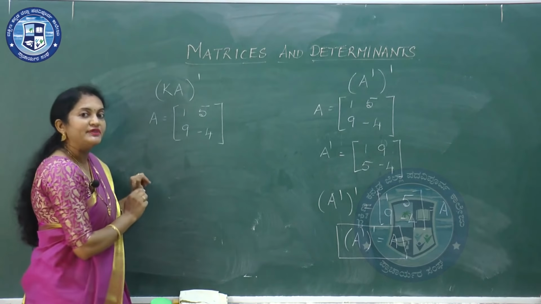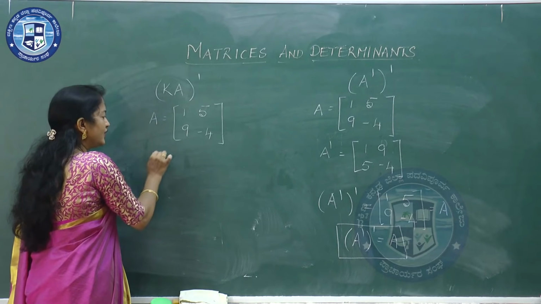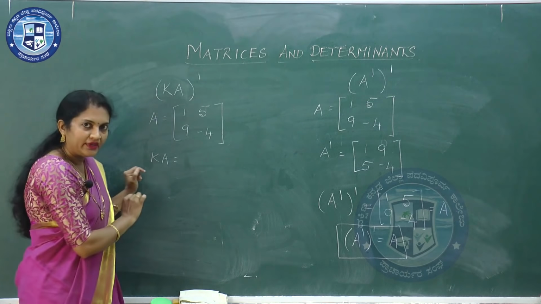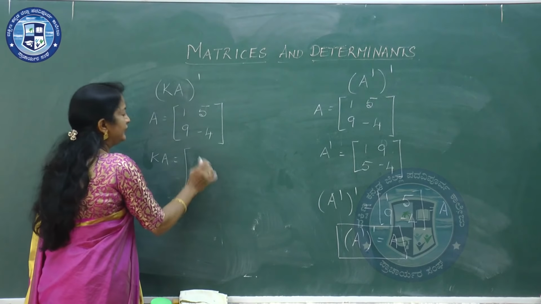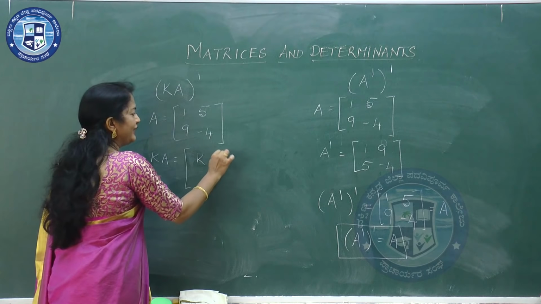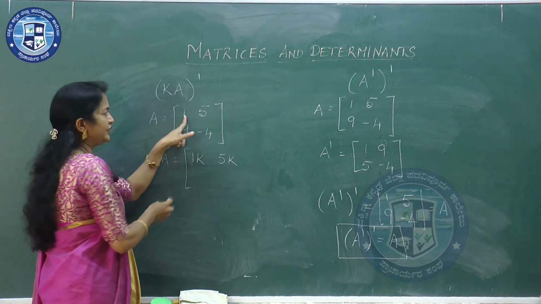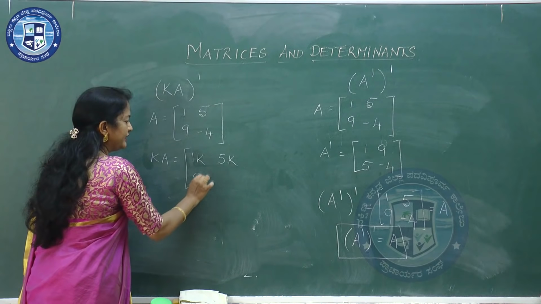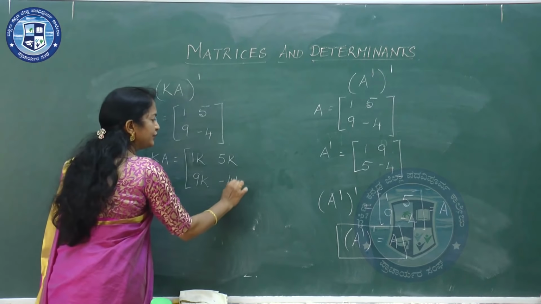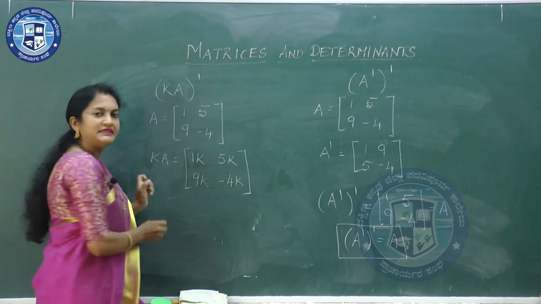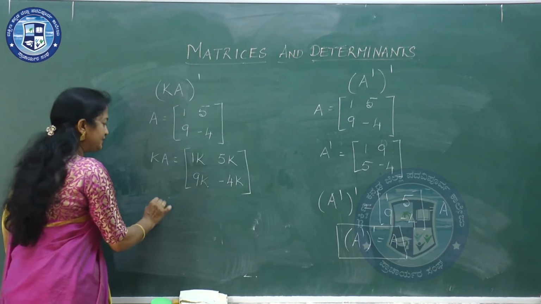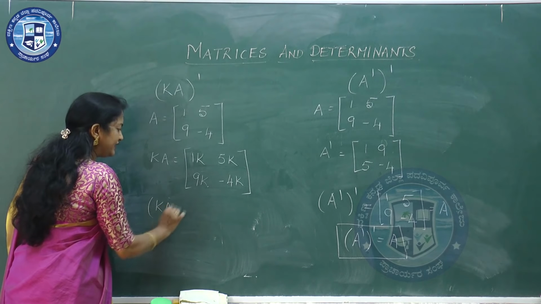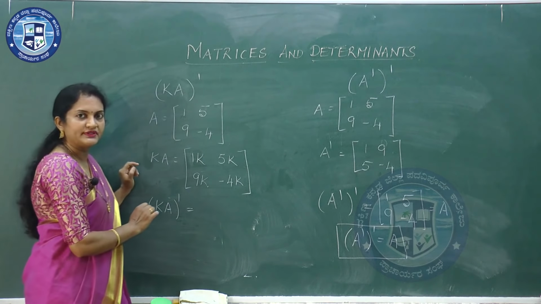Then according to scalar multiplication, what is kA? kA is 1k, 5k, 9k, minus 4k. This is your kA.